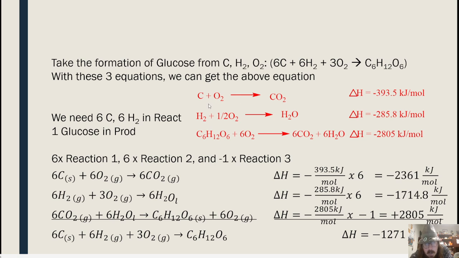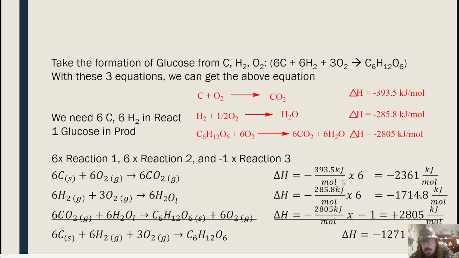So if there's a way to add these three equations together to get the above equation, then the relative delta H's will be related. So looking at this, carbon only exists in equation 1, pure carbon. So I need 6 carbons to be reacted. So I need to multiply reaction 1 by 6.